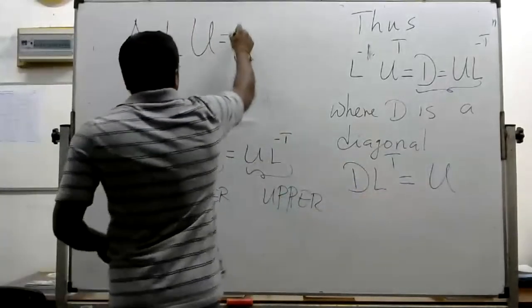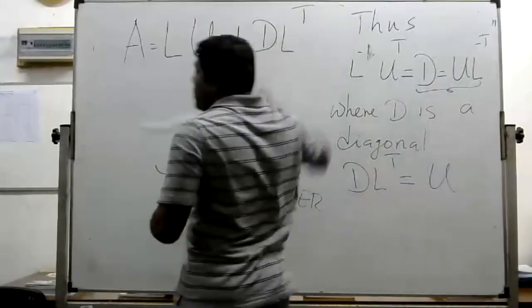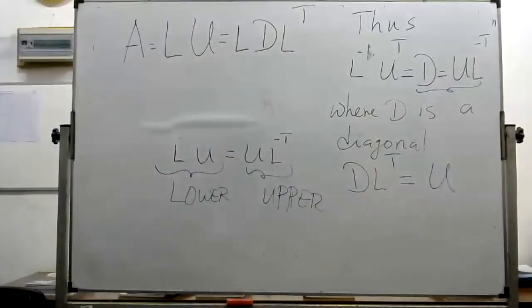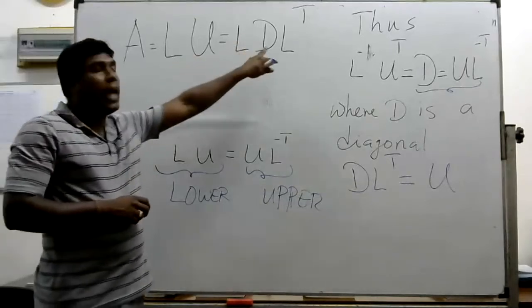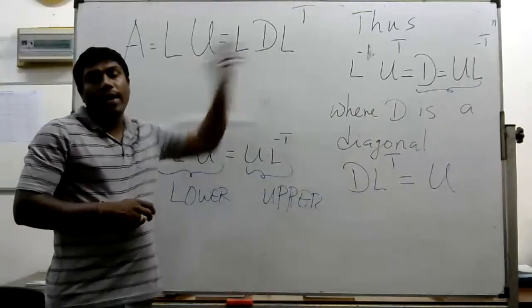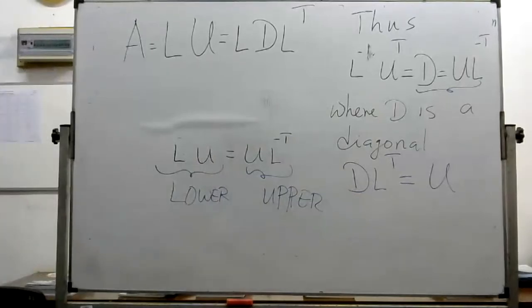So now you have L, D, L transpose. So you have, instead of an upper triangular matrix, a lower triangular matrix, a diagonal matrix, and the transpose of a unit lower triangular matrix, right?